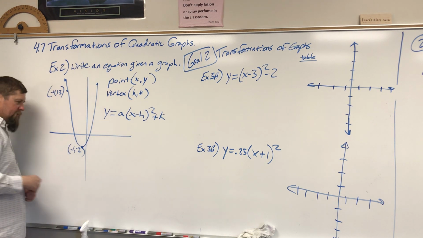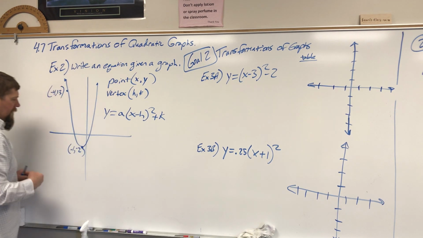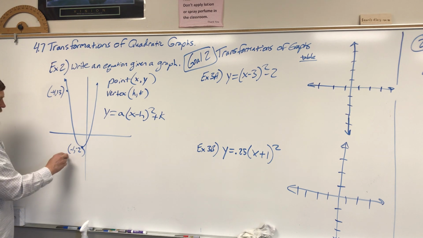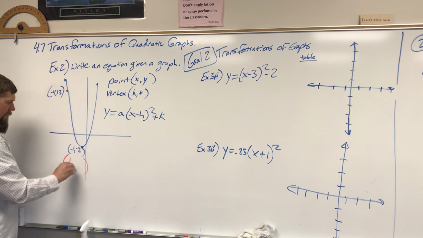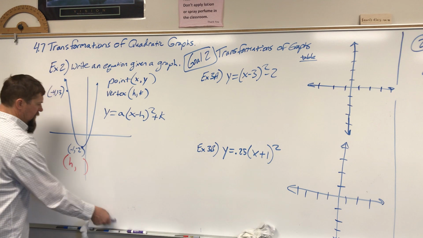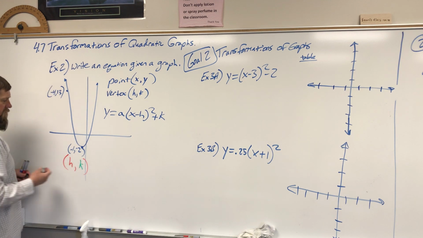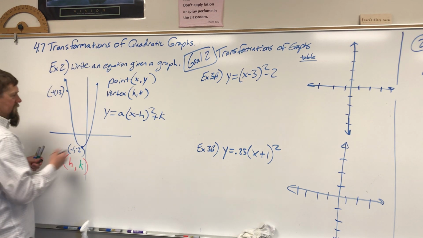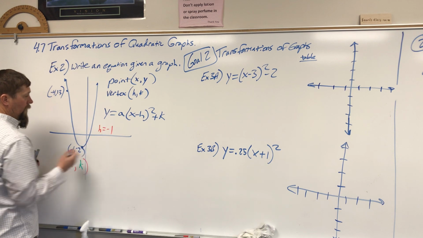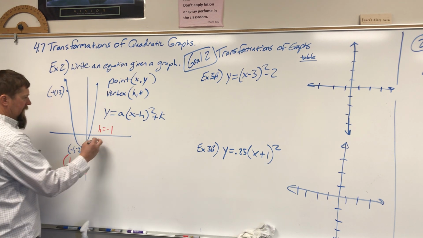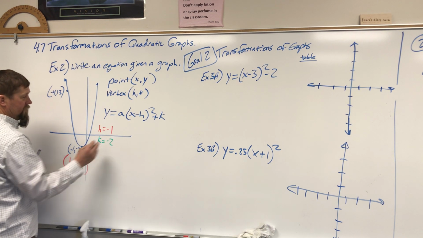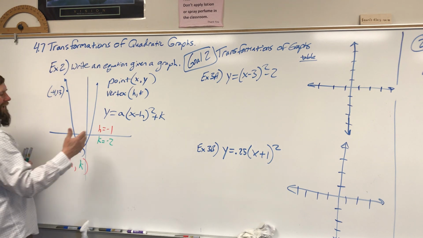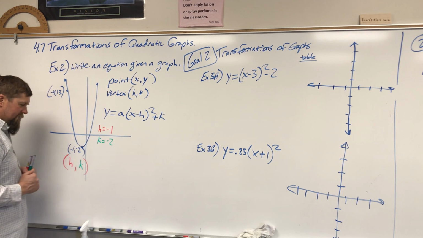In this particular problem, we are given (h, k). Here's h, and here's k. So h is equal to -1, k is equal to -2, and we don't know what a is.